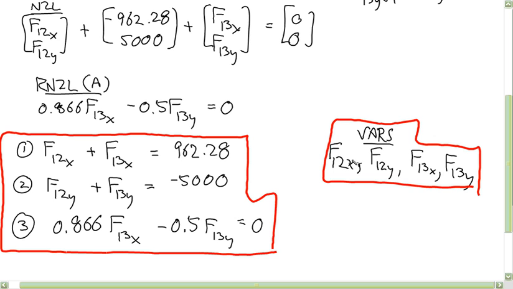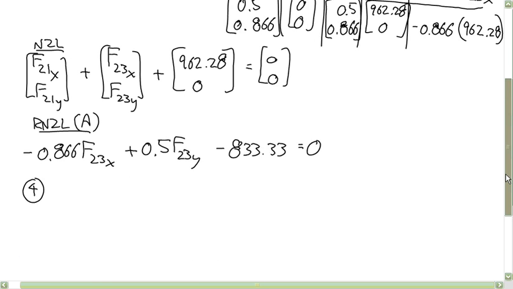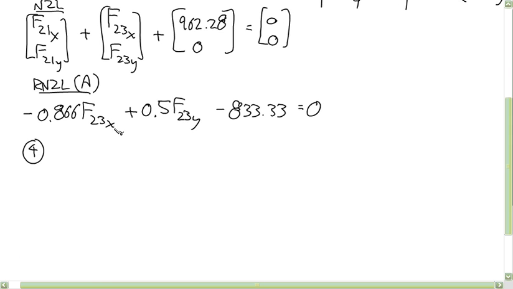The 2, 1 we can replace with the 1, 2s, right? The 1, 3s and the 2, 3s we can't do anything about, but we can replace the 2, 1s. So equation 4 says negative F12x plus F23x is equal to 962.